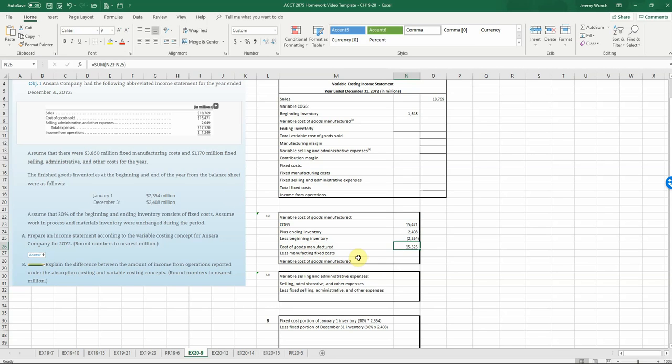Now we want to subtract out the fixed portion, which they give us over here at 3860. Let me make that a negative. And that'll get us to our variable cost of goods manufactured. All right, so now we want to take our ending inventory.